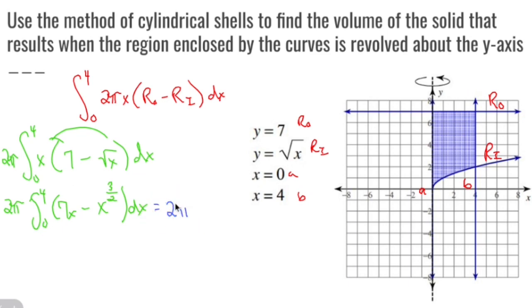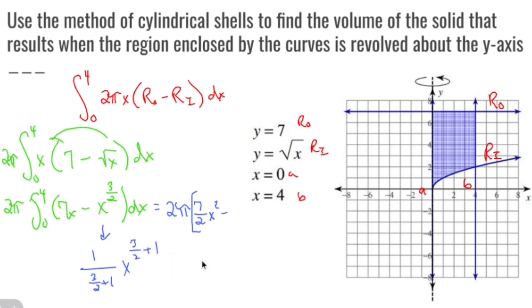Now let's integrate that. 2 pi comes along for the ride. The integral of 7x is going to be 7 over 2 x squared minus the integral. Now remember when we do this, so we'll just kind of pull this aside. We're going to have 1 over 3/2 plus 1, x to the 3/2 plus 1, right?